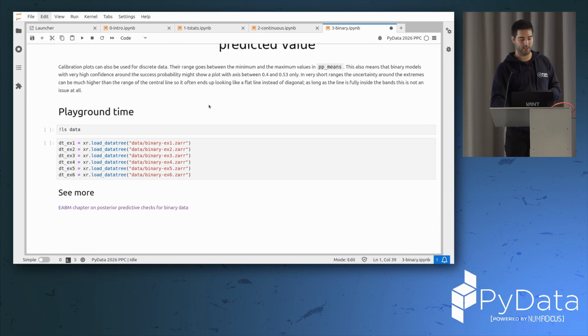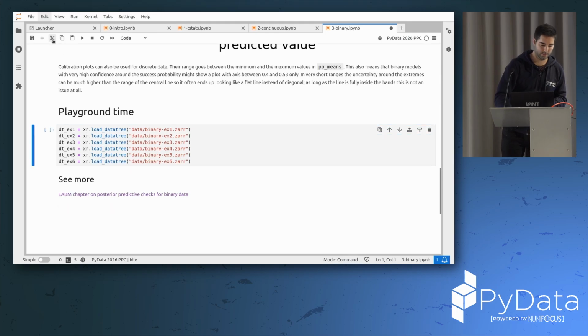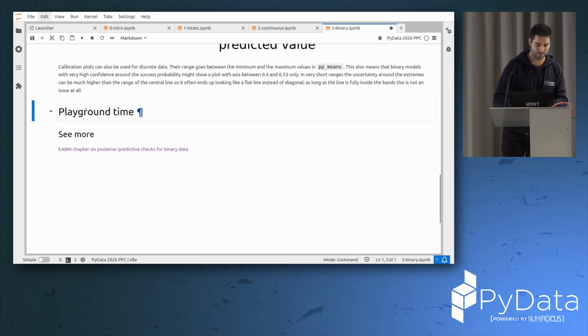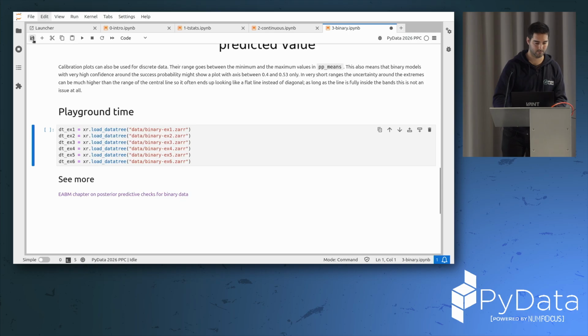Some extra playing. I added some models. Now there's only plot_ppc_pava to use. So there are more examples, but they should hopefully also be relatively quick.